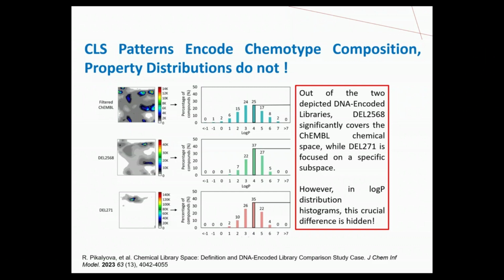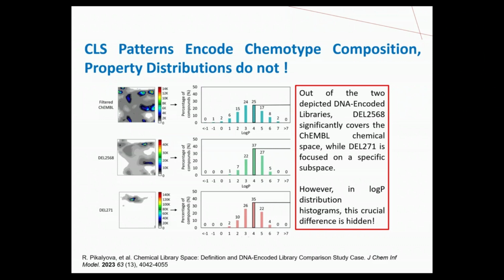One is Campbell and 2 DNA encoded libraries. If you look only at the log P distributions, you would say, well, what matters, DEL 2568 or DEL 271? It's the same log P distribution. It matches equally well or equally badly the Campbell log P distribution, so why should I care?